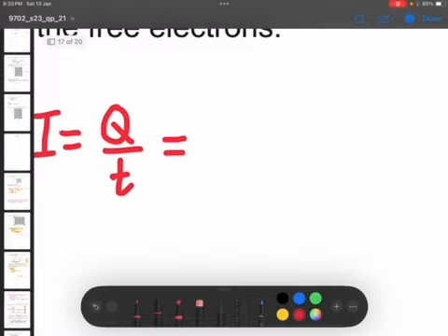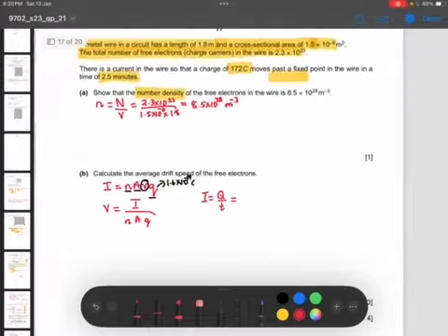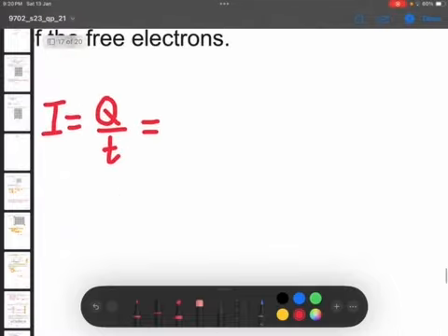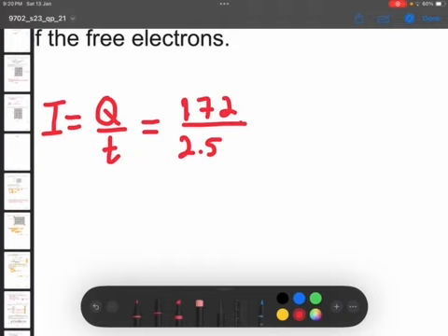We are given the charge, which is 172, and we are also given the time, which is 2.5 minutes, but it must be converted to seconds, so we multiply by 60.